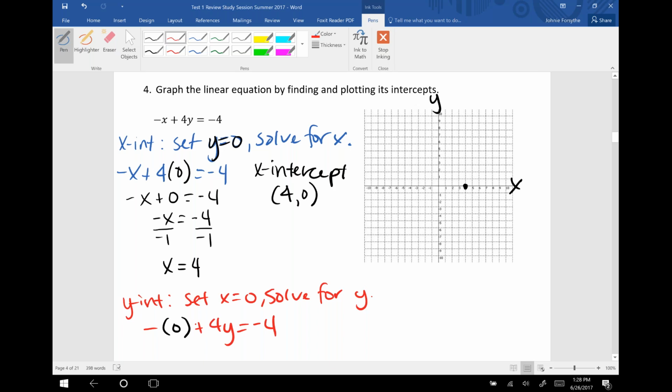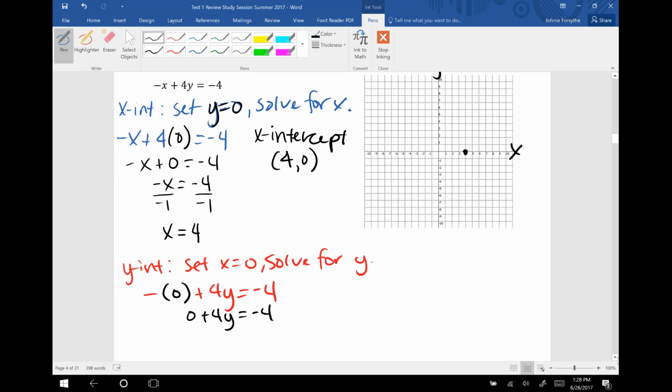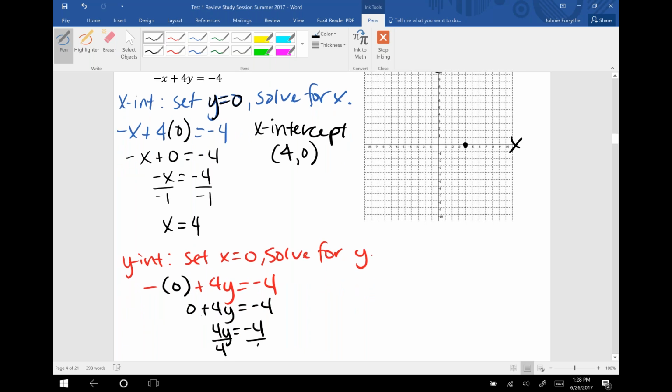Negative times 0 is just 0. 0 plus 4y equals negative 4. Then to solve for y, we're going to divide by 4 on both sides. So y equals negative 1, because negative 4 divided by 4 is negative 1. So negative 1 is your y-intercept.